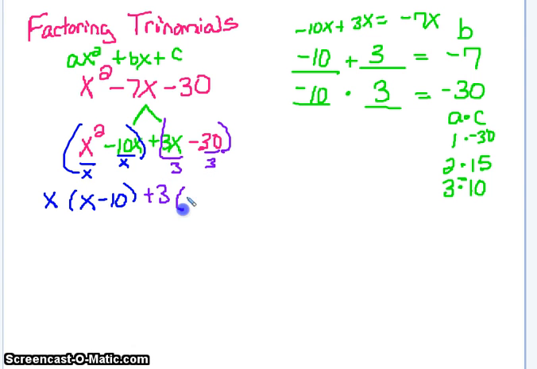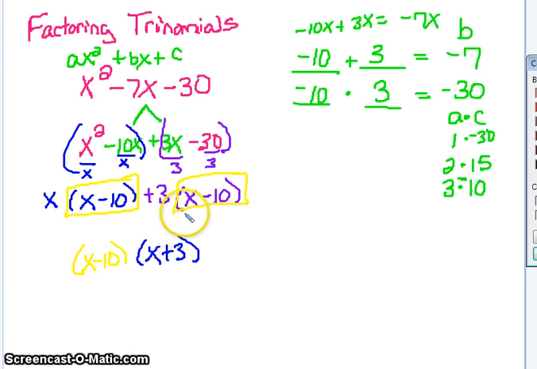And that gives me x minus 10. So my GCF between both of them is x minus 10. And what's left over is x plus 3.